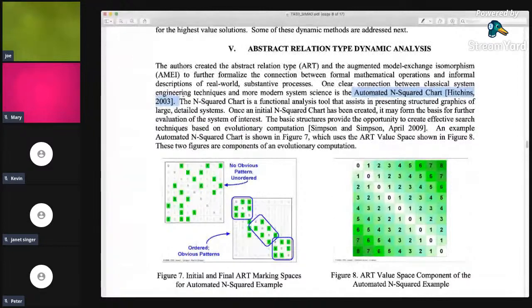When he introduced the idea of the n-squared charts for evaluation and the automated n-squared charts using the entropy evaluation, he then pointed out that this is only one configuration that you started with, and there's probably others. There are other configurations and other values and other types of insights that are important to get into the mix.